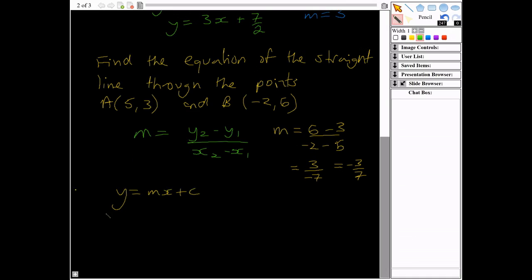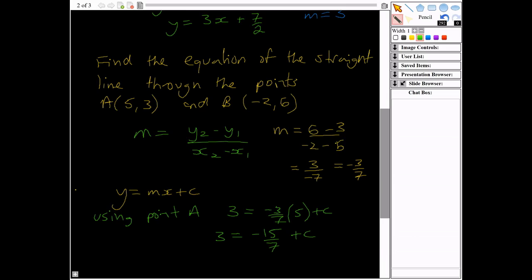So using point A, the y value would be 3, and the x value has to be 5, so it's going to be -3/7 times 5 plus c. I'm going to multiply that out, so 3 is going to equal -15/7 plus c.